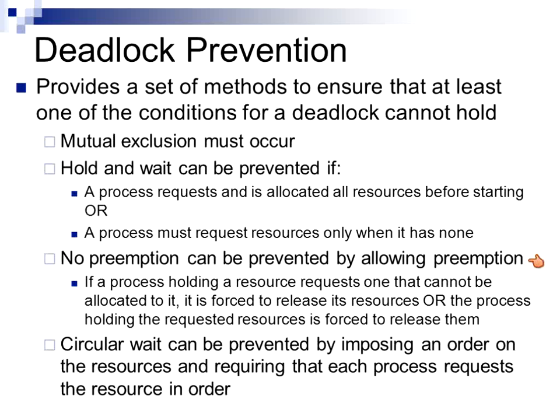For the condition of no preemption, the easiest way to prevent it is to allow there to be preemption. If a process that's holding a resource requests one that can't be allocated, then we can force it to release all its other resources, because somebody else might be waiting for them.